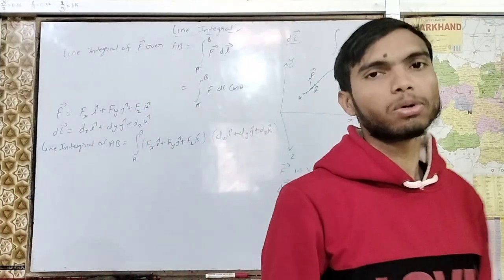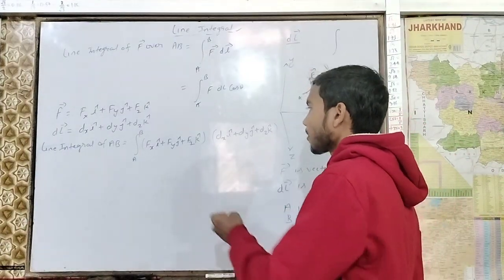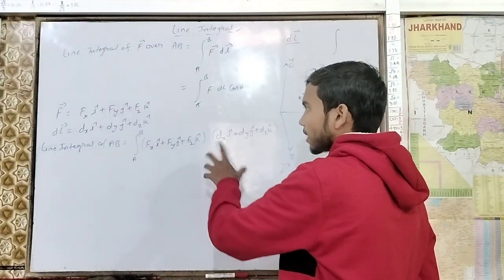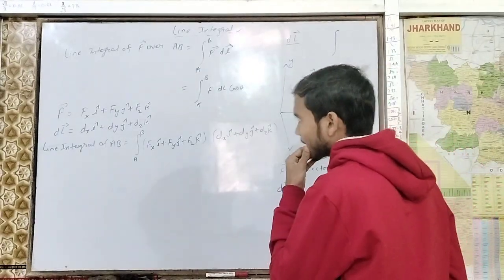Now your work is to apply the dot product. When you multiply, the angle between them is how much?